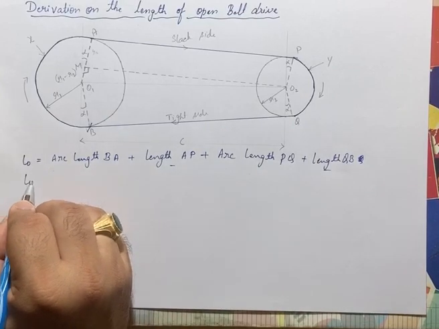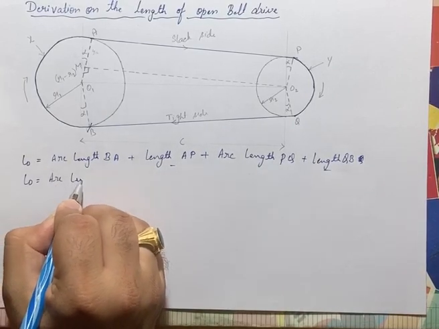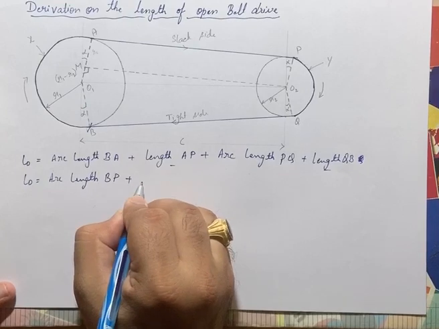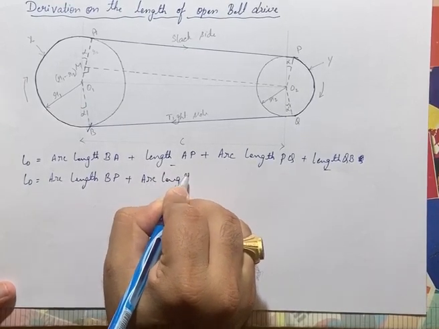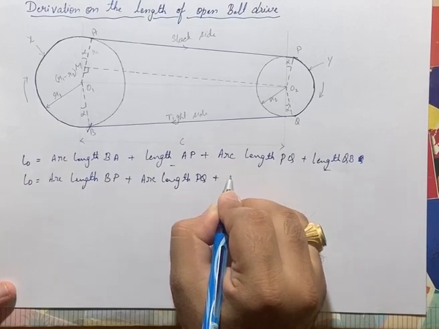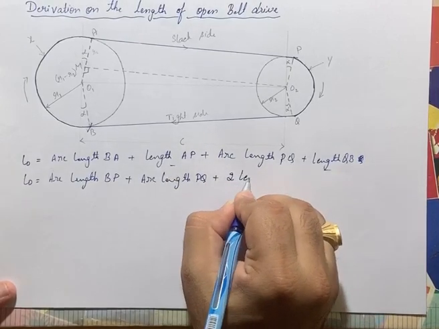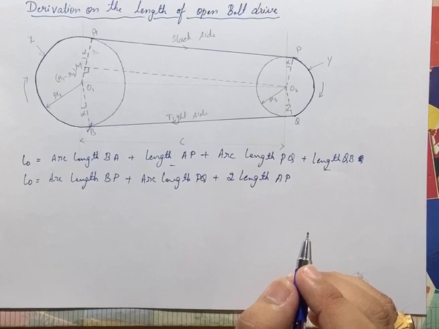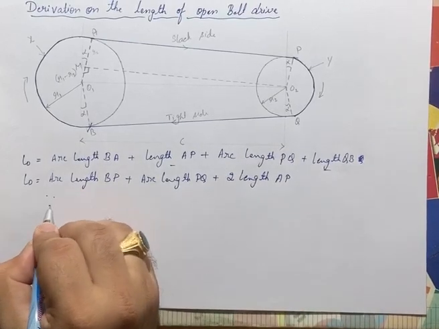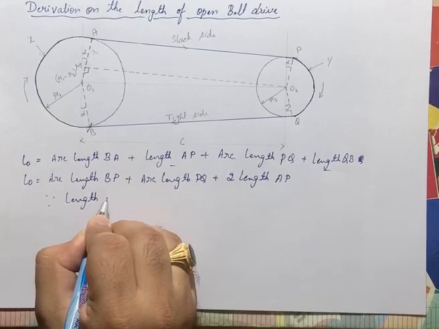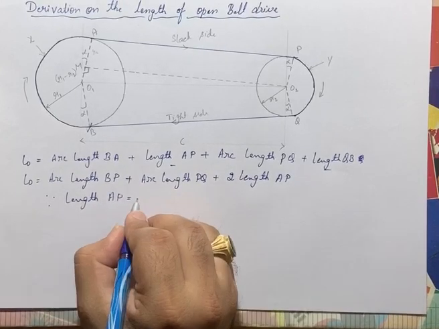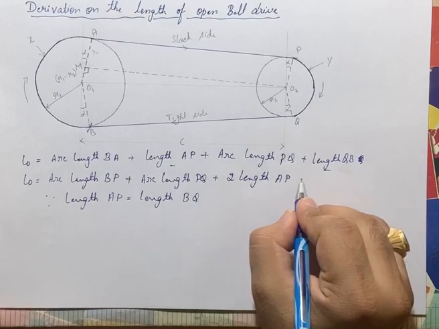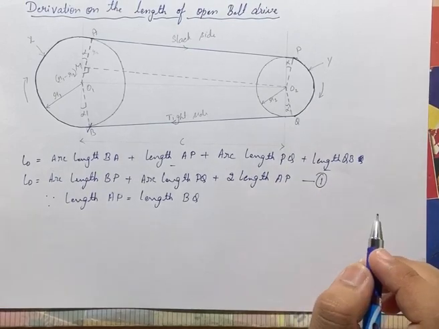I can write LO is equal to arc length BA plus arc length PQ plus 2 times length AP, because length AP is equal to length BQ. I will call this equation number 1.